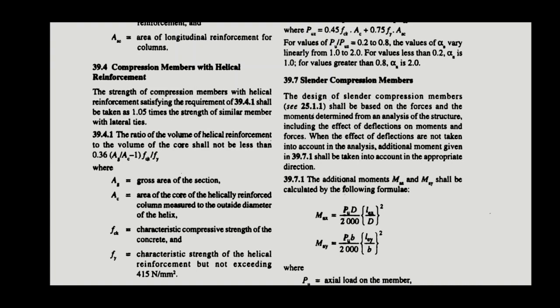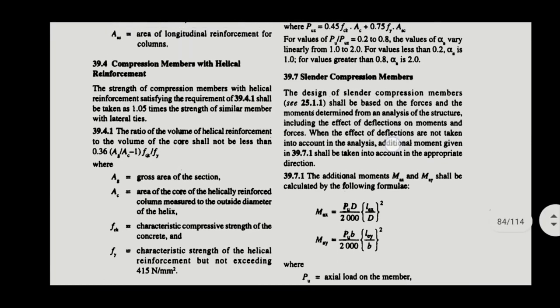Where Ag is the gross area of the section and Ac, sometimes somewhere it may be taken as Ak, is the area of the core of the helically reinforced column measured to the outside diameter of the helix. fck is the characteristic compressive strength of the concrete and fy is the characteristic strength of the helical reinforcement, but remember not exceeding 450 Newton per millimeter square.